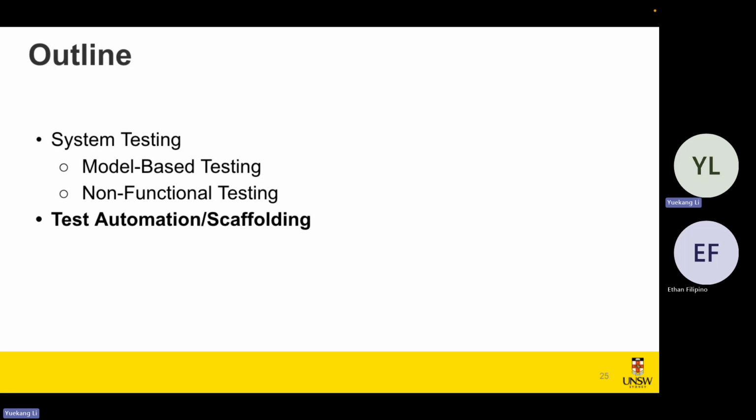And we learned about the typical structure of the test scaffold, right? On top, we have the harness that keeps everything inside. The caller of the program unit we are trying to test is known as the driver. And the callee of the program unit we are trying to test is known as the stub.